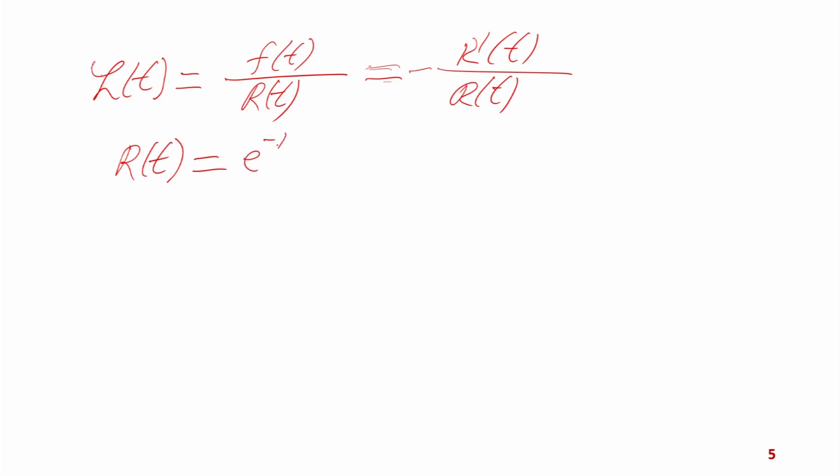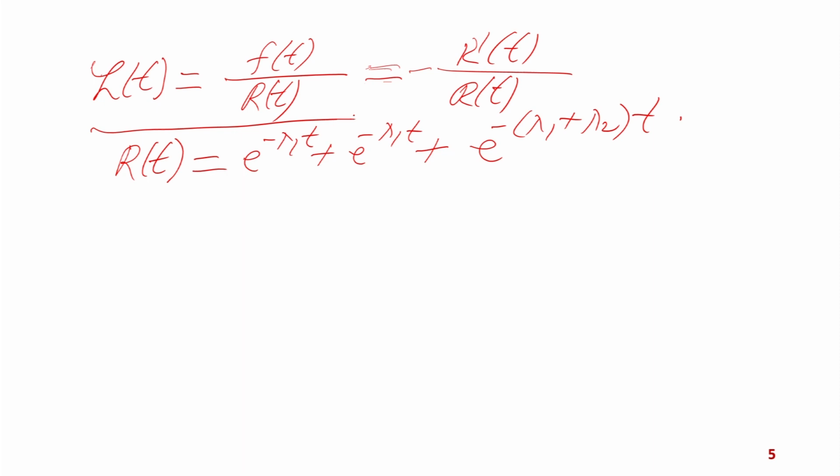e to the power minus lambda 1 t plus e to the power minus lambda 2 t minus e to the power minus lambda 1 plus lambda 2 into t. Okay. So, now I can write my h(t) using this equation, h(t) will be equal to minus the derivative of R(t).